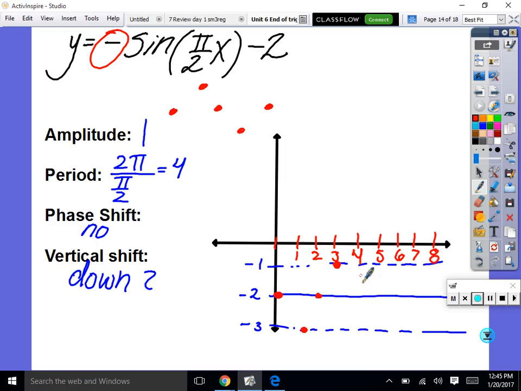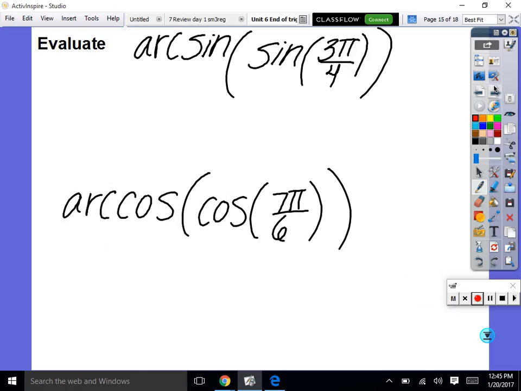At that point, the 0. At that point, the min. At that point, the 0. At that point, the max. At that point, the 0. Pretty good, right?